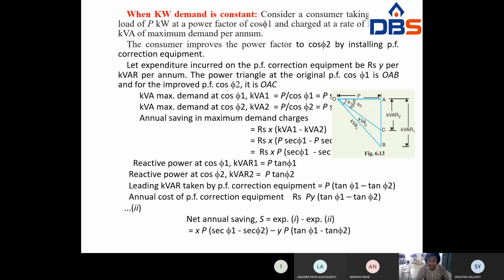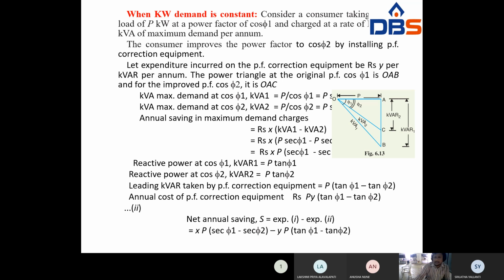x rupees into kVA 1 minus kVA 2. kVA 1 is P into 1 by cos phi 1, that is P secant phi 1, minus P secant phi 2. Therefore x into P, we have to take P as the common factor: secant phi 1 minus secant phi 2.